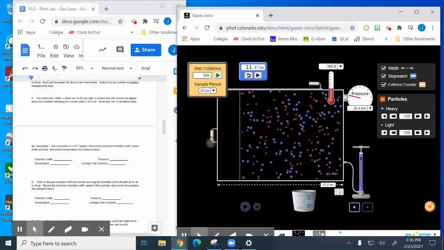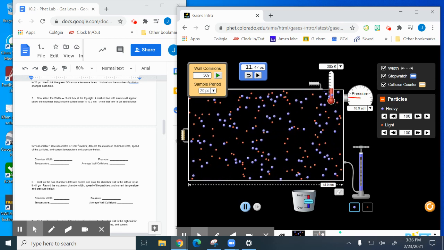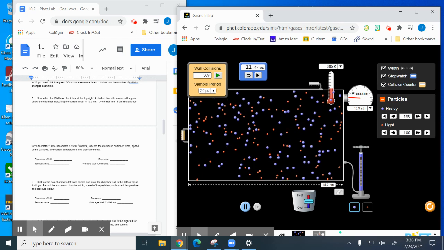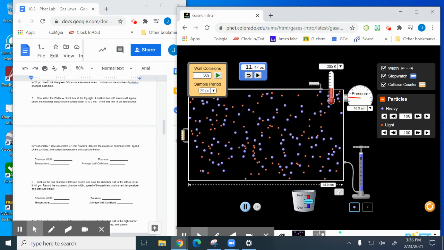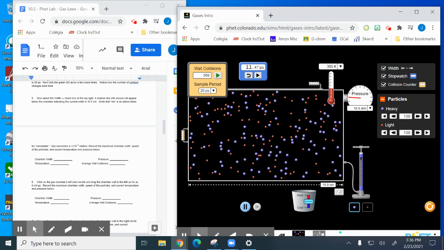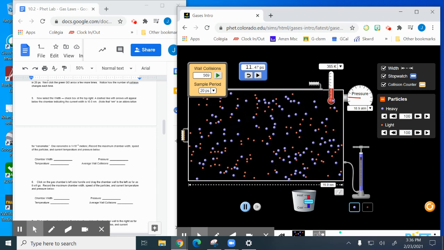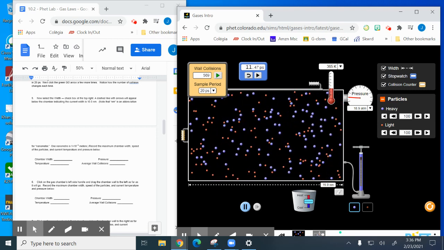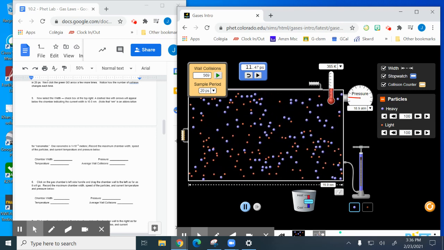Is that the maximum chamber width? Okay, it says record the maximum chamber width, so I guess that's what we're doing there. We've dragged it open, and you're going to record the chamber width, which is 15 nanometers. What's the temperature right now? It's 365 degrees Kelvin. The pressure is 18.9.